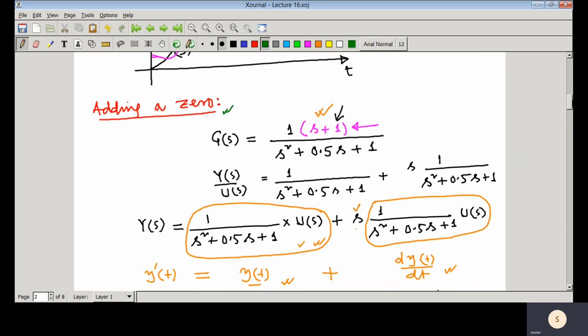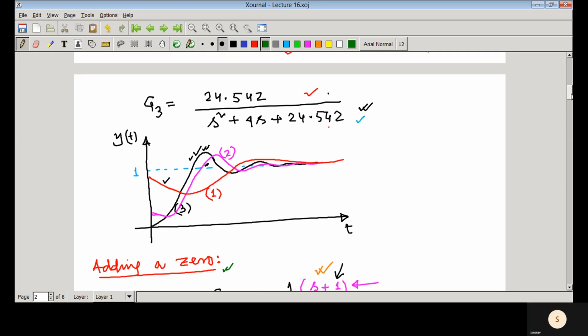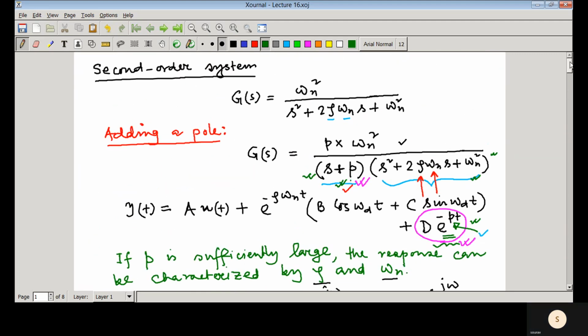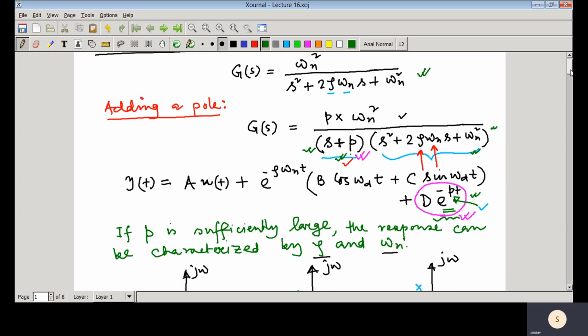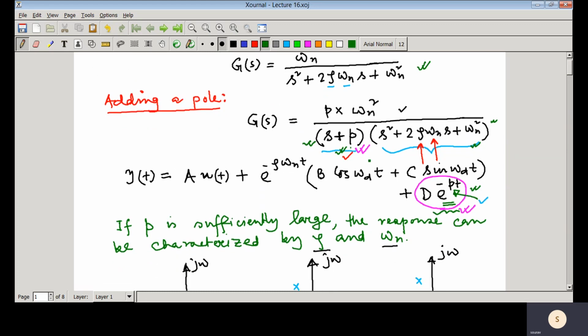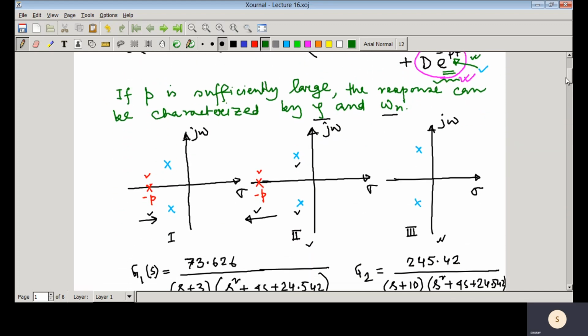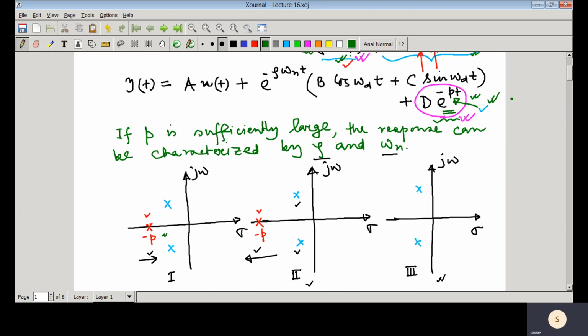So what we have discussed is that for a second order system, given in normalized form, if we add a pole, its effect on the time response is significant when the pole is closer to the origin, and less when the pole is moved away from the origin, because that term dies out very quickly.